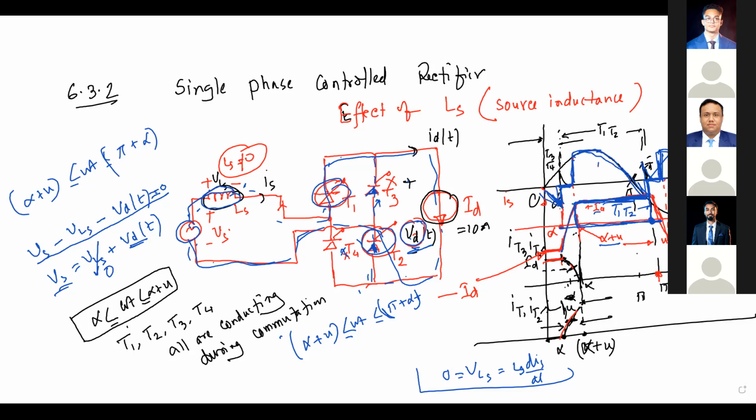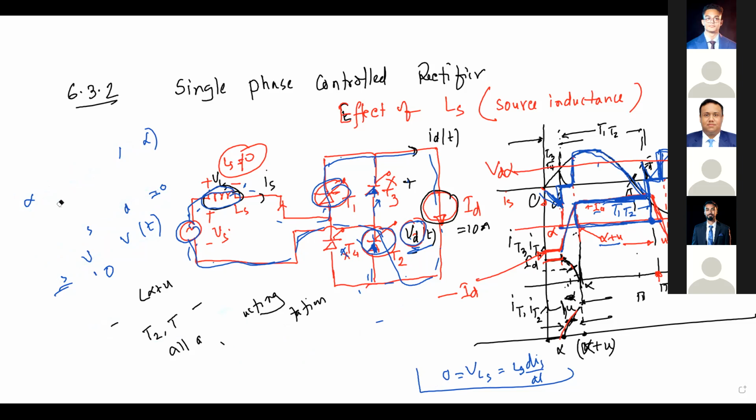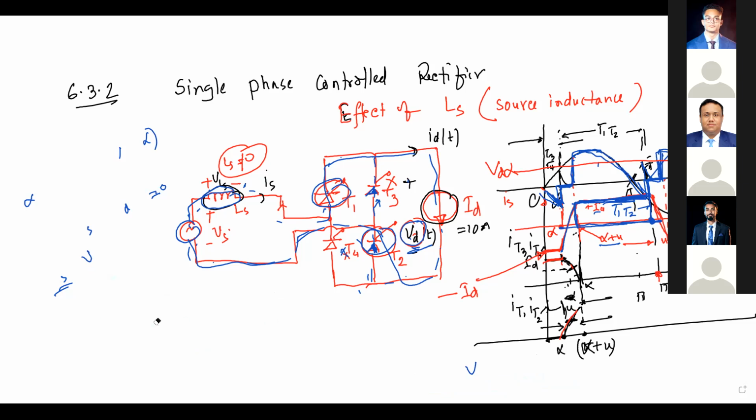So we shall find out, of course, the average value of the output voltage, VD alpha. So the next thing we have to do is find out the equation of U, and also the equation of VD alpha.